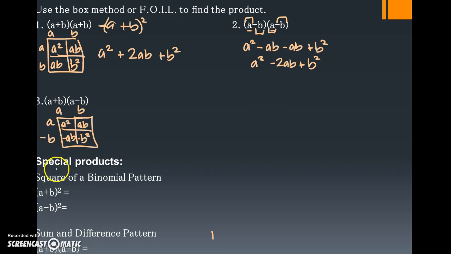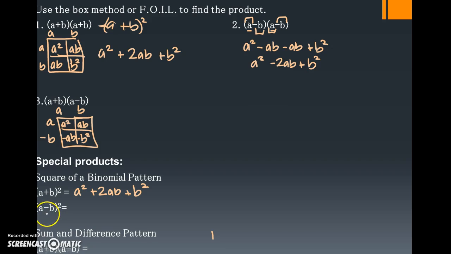Whenever I have that, instead of using a box, instead of foiling, instead of using the distributive property, I can go straight to this property, which just tells me I can square the first term, add 2 times a and b, plus b squared. How does that work? Well, we just showed it, because that middle term is going to be this times this, so ab and ab plus 2 of them. So it's 2 times whatever this product is.